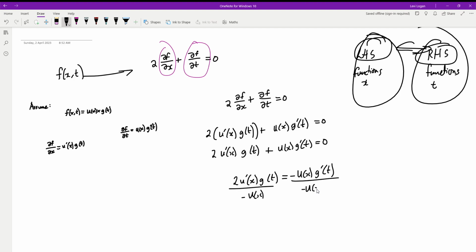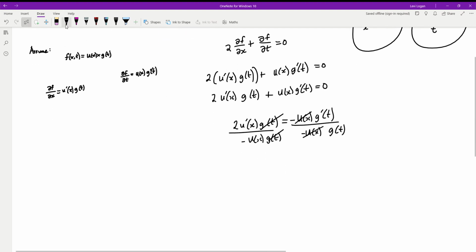That will cancel there. And I'm going to divide also both sides by g of t, because that will cancel there. So what we're left with is 2u dash of x over negative u of x is equal to g prime of t over g of t.